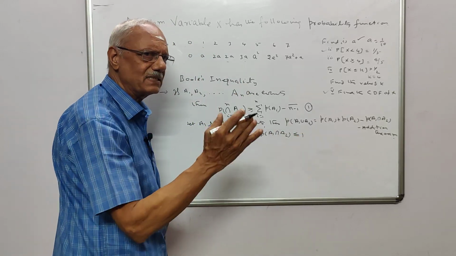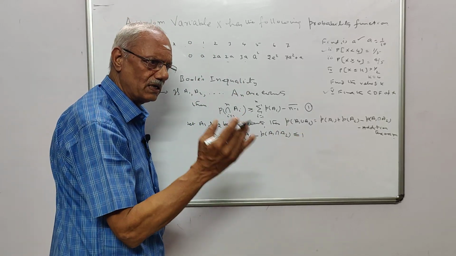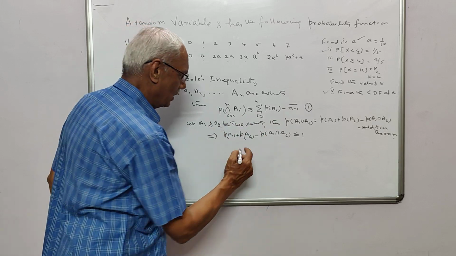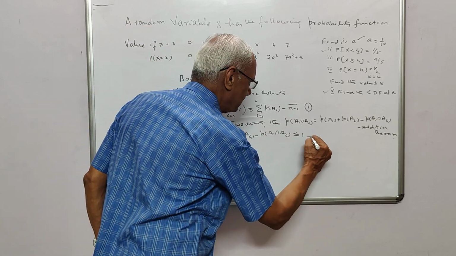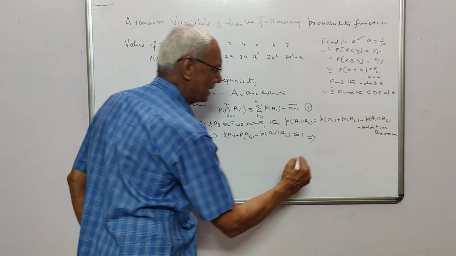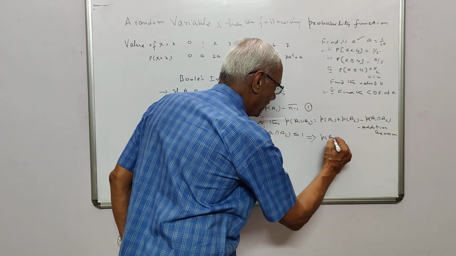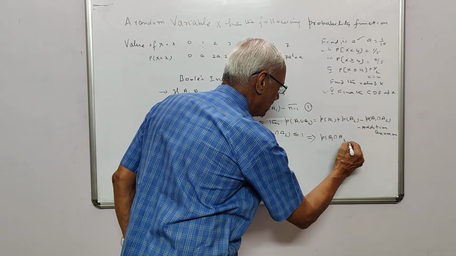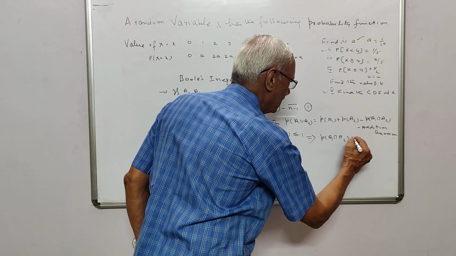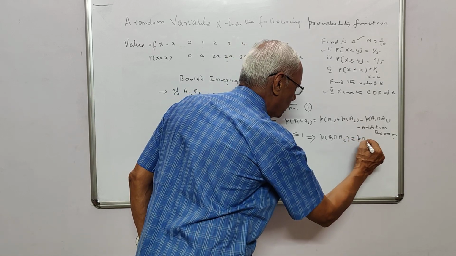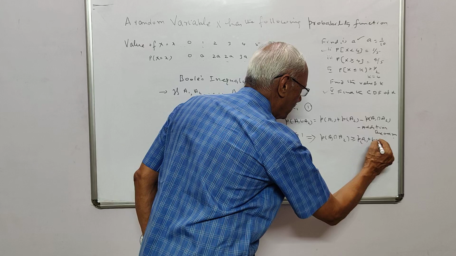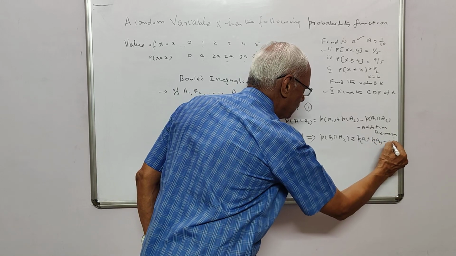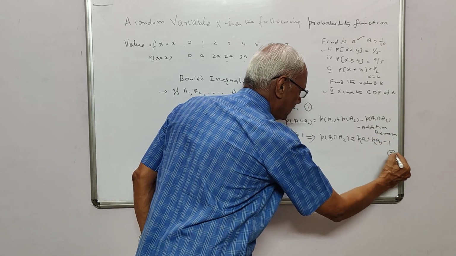It can be at the maximum 1; it can be 1 or less than 1. So this will simply imply that P of A1 intersection A2 is greater than or equal to P of A1 plus P of A2 minus 1. Call this 2.